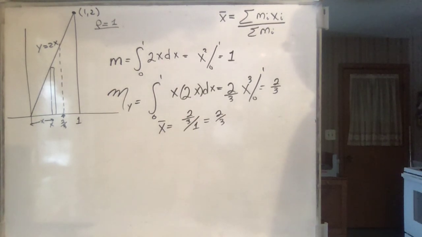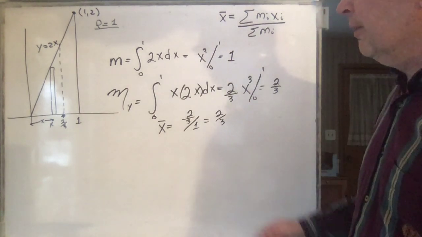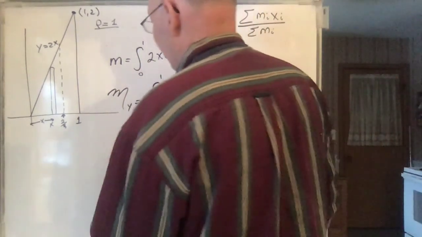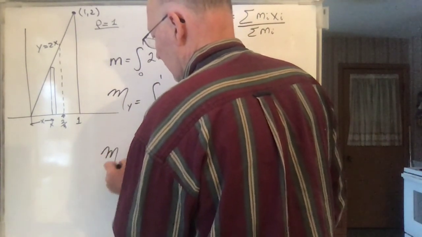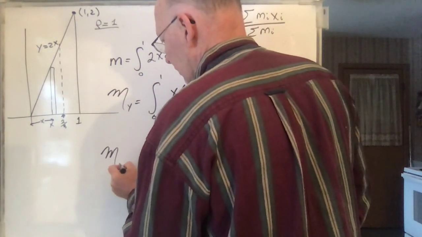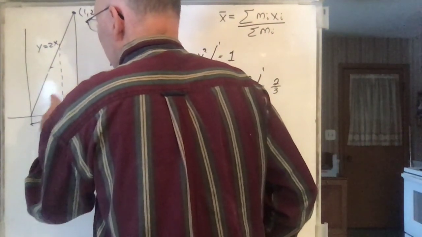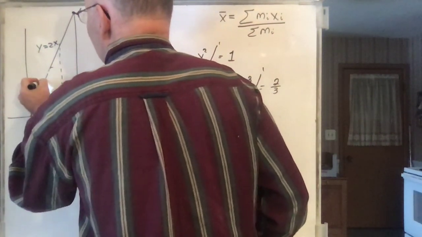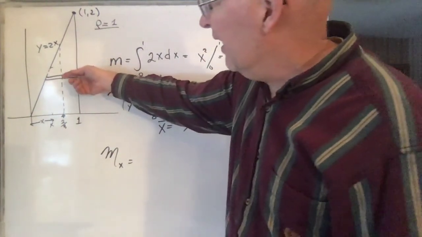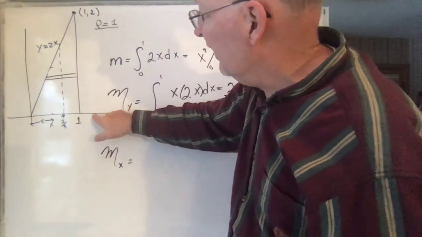Okay. Now, what about finding the moment around the x-axis? I need to do the same sort of thing. I've already got the area, I've already got the mass of it. But now I've got some little rectangle there, and that little rectangle is going to want to pull it around the x-axis.